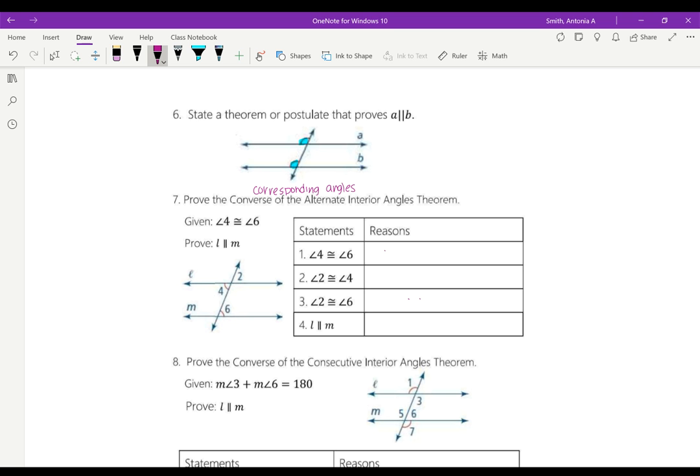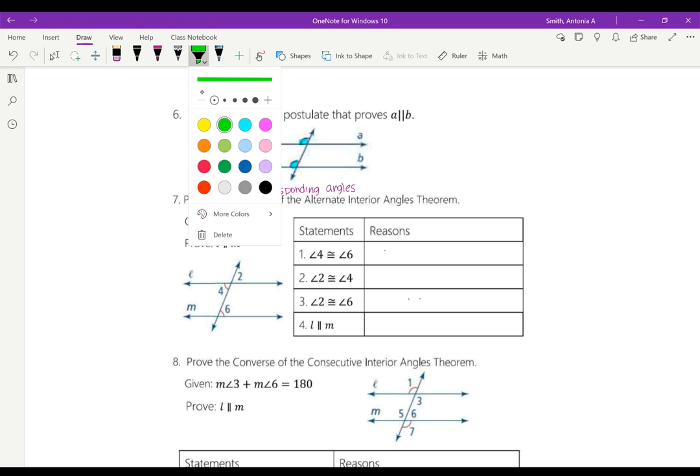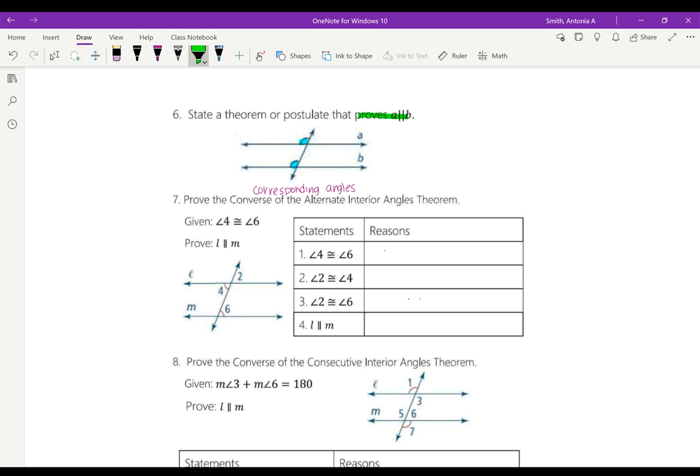But our question asks us to state a theorem or postulate that proves that two lines are parallel. Whenever we're proving lines are parallel, we use a converse. So that means that the answer for this problem would have the converse of, and then what kind of angles do we have?